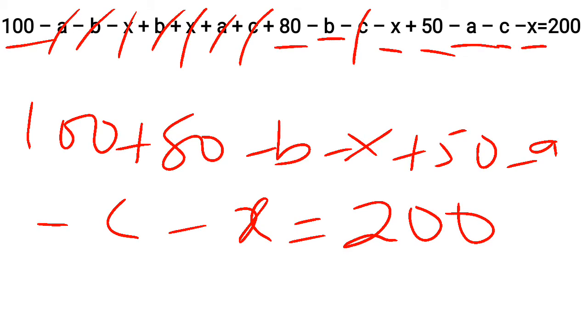So after cancelling out, this is what we are left with: 100 plus 80 minus B minus X plus 50 minus A minus C minus X, which is equal to 200, which we can group like terms.